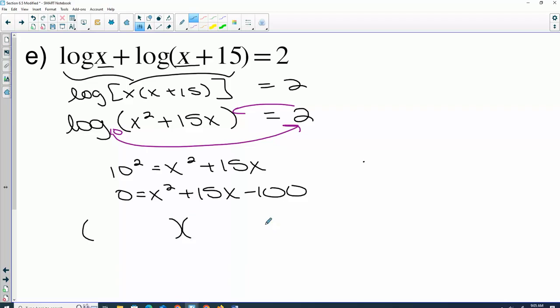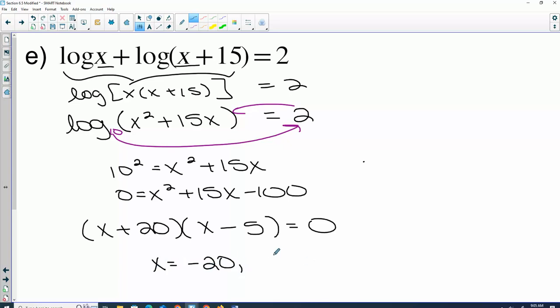It multiplies to negative 100 and adds to 15. So if we set those equal to 0, we get negative 20 and positive 5.